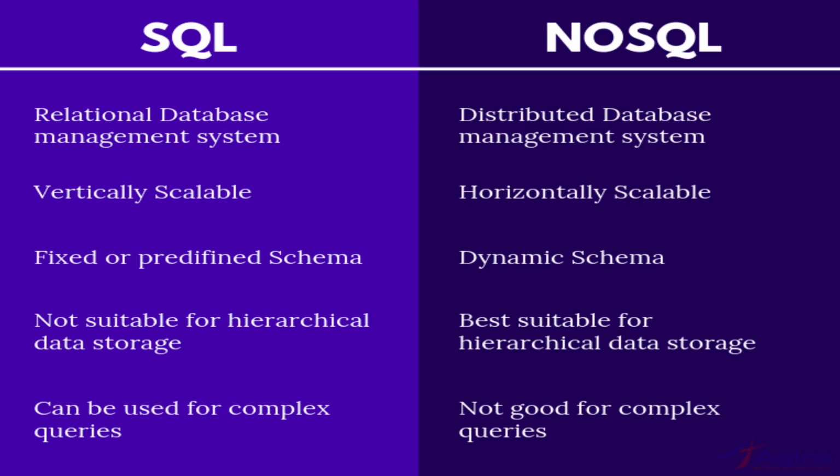But NoSQL might not be very scalable vertically, but it's very horizontally scalable because of the fact that in NoSQL there's no schema. The schema is very dynamic and it's very good for hierarchical data. So what you can do is you can store the properties of one thing in an array or in an object, and it's very easy for you to store a lot of information about one particular thing.